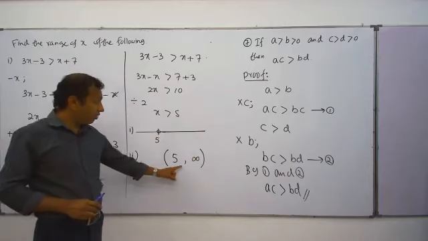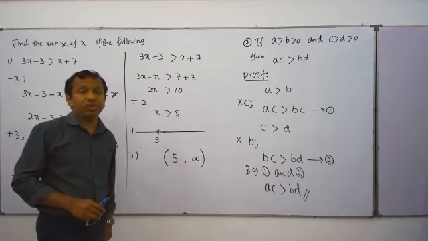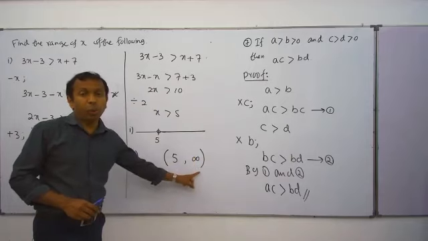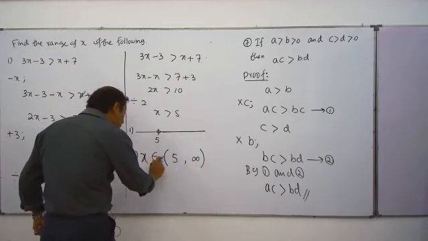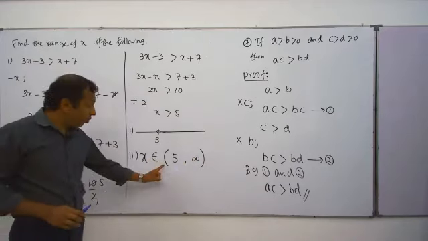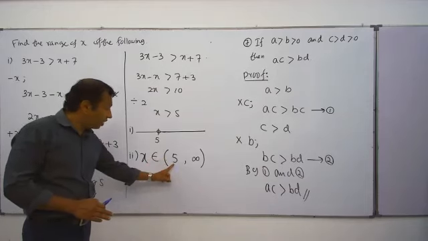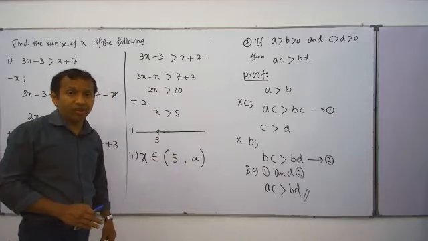This normal parenthesis says that 5 and infinity are both not included. They are called, people, an open interval. Then we write x belongs to 5 infinity. That means this normal parenthesis is called open. Open means, people, this x doesn't take 5 and this x doesn't take infinity. 5 infinity is that.